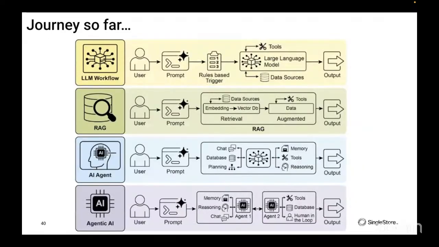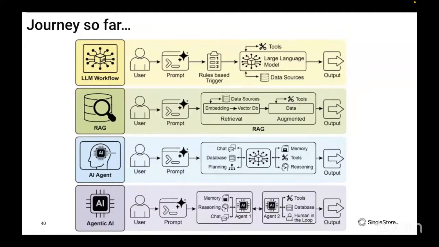So the journey so far: it all started with the LLM workflow, where the user came and gave the prompt. There were rules, and then there is a model which gave you the output. Then came RAG, where we started giving custom data to the whole system to build our own custom RAG applications, so the system doesn't hallucinate.